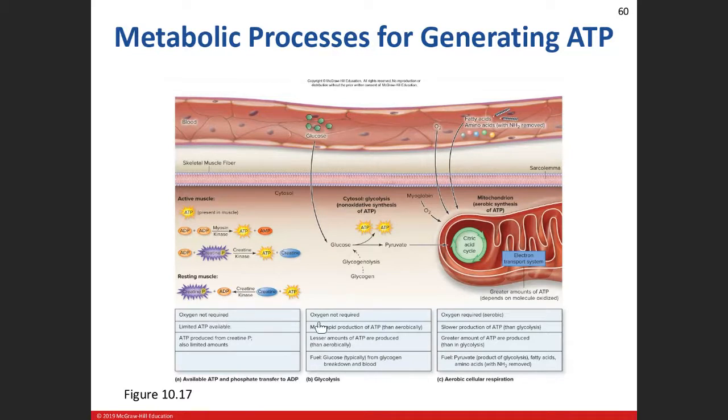When we get into glycolysis, again, you don't need oxygen. You'll get some ATP, but you're only going to get about 2 per glucose molecule. Now we're rolling into cellular respiration. Now we're going to deal with oxygen that gets us into the mitochondria so we can enter into the citric acid cycle, or the TCA cycle, Krebs cycle, whatever you want to call it. And then we can start to generate way more ATP.